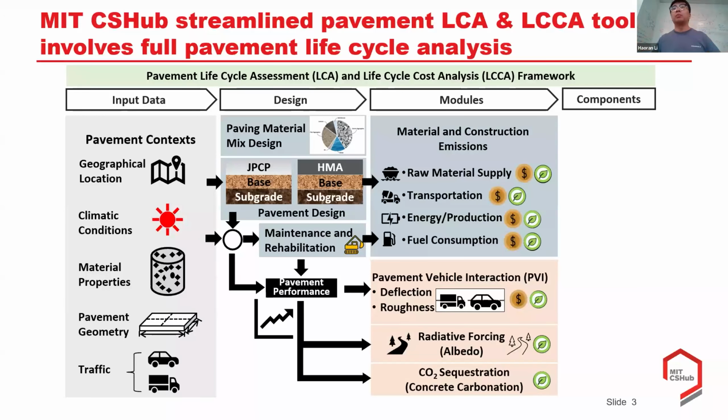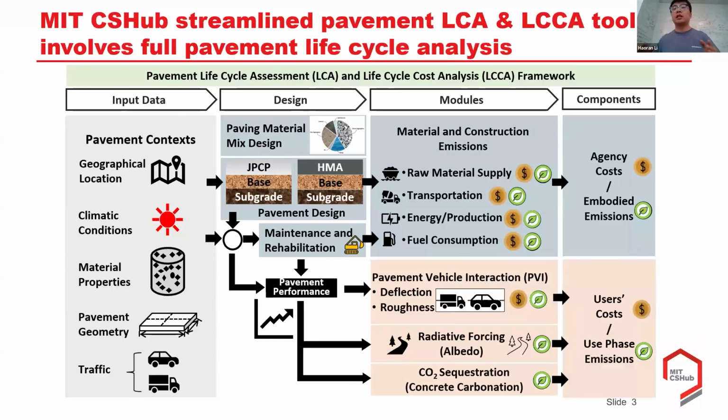All the components will be involved in the life cycle environmental impact analysis, including the embodied emissions or agency cost, and also the use phase emissions or use phase users cost. By implementing this Streamlined tool or platform, we're able to quantify the life cycle environmental and economic impact.